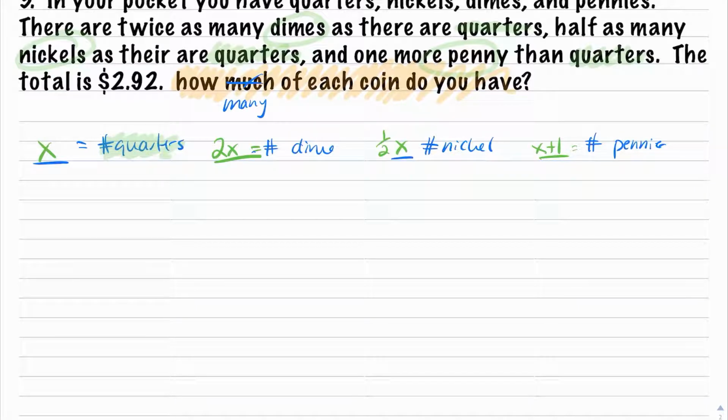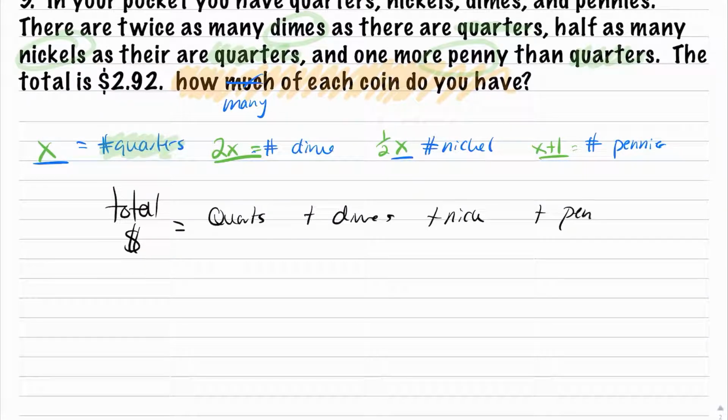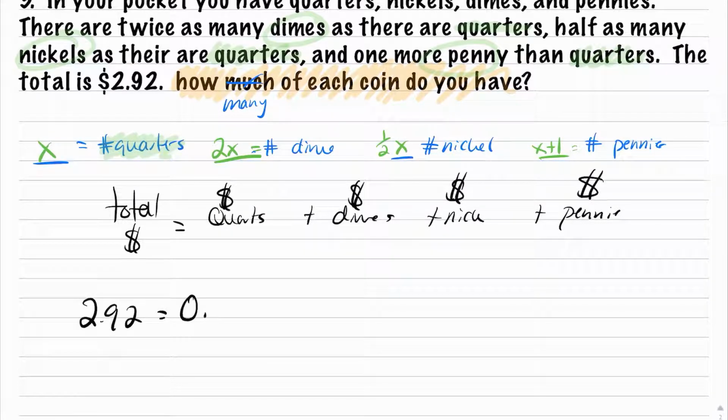So from there, what we know is how much money we have. We talked about the total money that we have. Well, that's going to come from the quarters plus the dimes plus the nickels plus the pennies. But specifically, it's the money from the dimes, the money from the quarters, the money from all of these. So if we have $2.92, I know each quarter is worth 25 cents. But how many do I have?